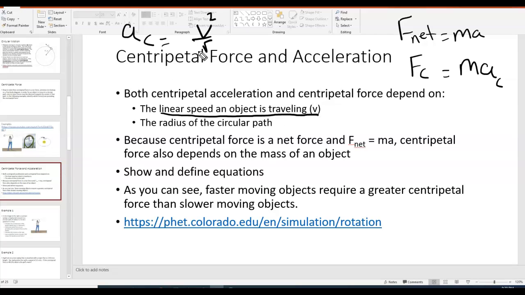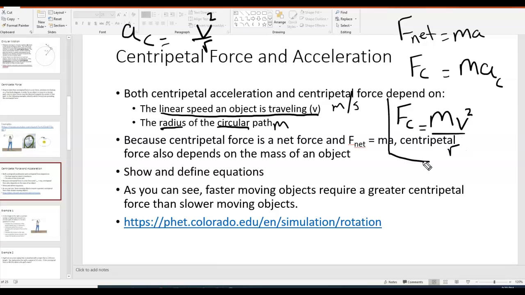And r, lowercase r, represents the radius of the circle, measured in meters, of course. Because we have F net equals ma, we can also write the centripetal force equation as the mass times the centripetal acceleration, which is v squared over r.